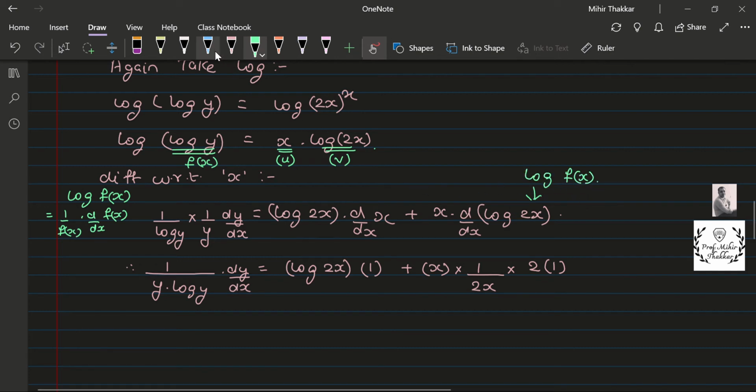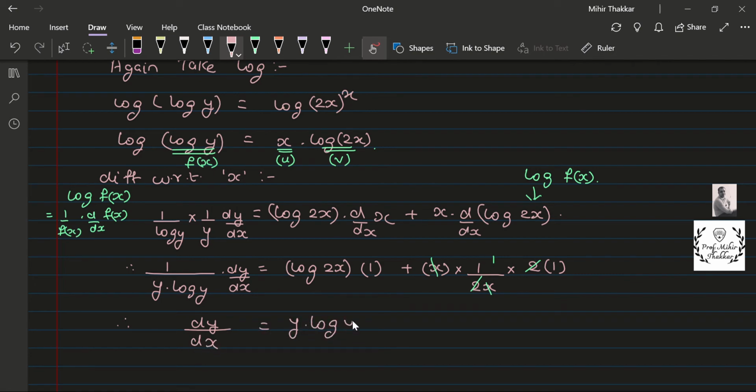So yes guys, if you observe carefully, this 2 and 2 will get cancelled off, x and x will get cancelled off, and we will be left with only 1. So when I want to get my answer for dy by dx, I have to cross multiply this y log y to the opposite side.